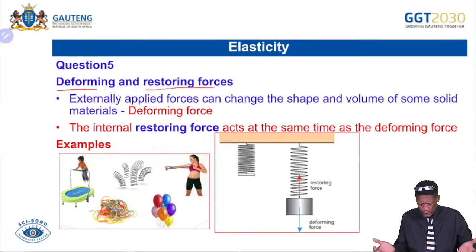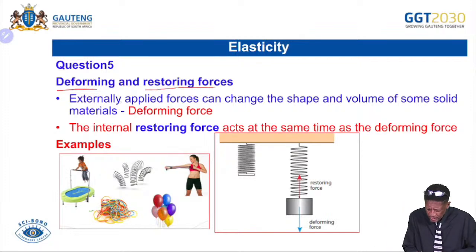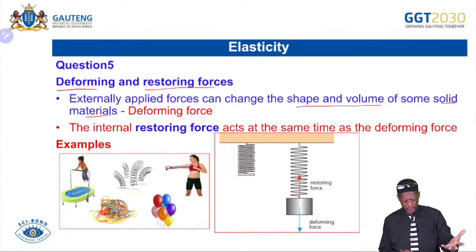So define a deforming force. An external applied force can change the shape or the volume of the solid material. If I squeeze something, I make a deformation, because the object is going to change its shape. That is deformation, right?